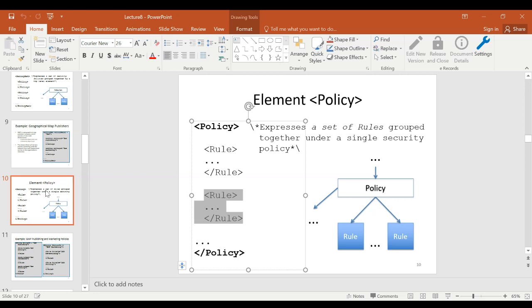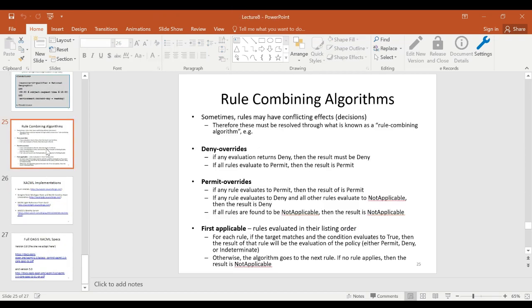However, of course, if none of the rules in our list actually applies, then we can just come back with the decision not applicable. Basically we're saying that the request that came in didn't match any of our rules, and therefore the current policy that we're looking at is not applicable to this specific request.